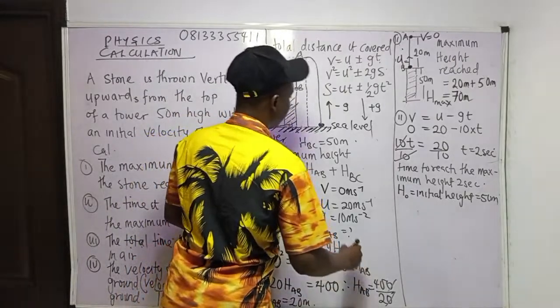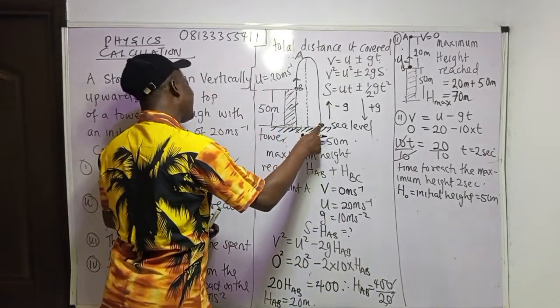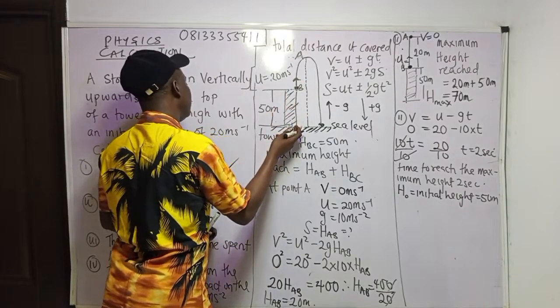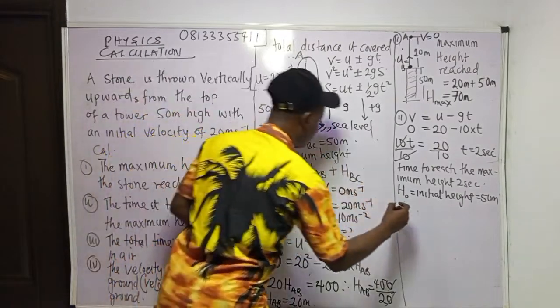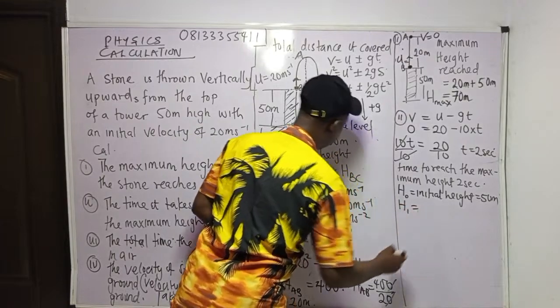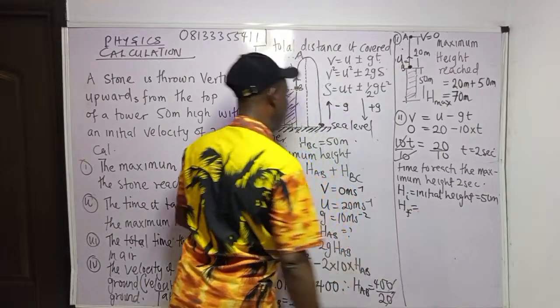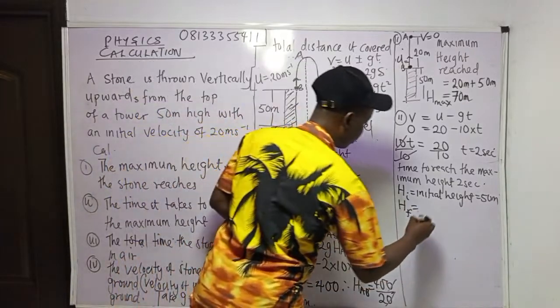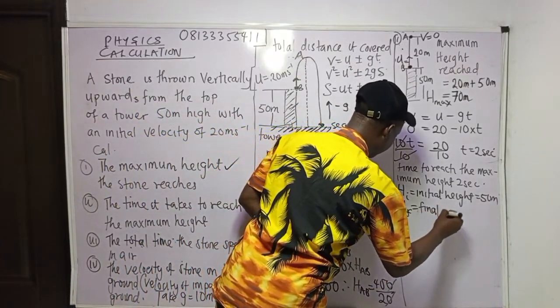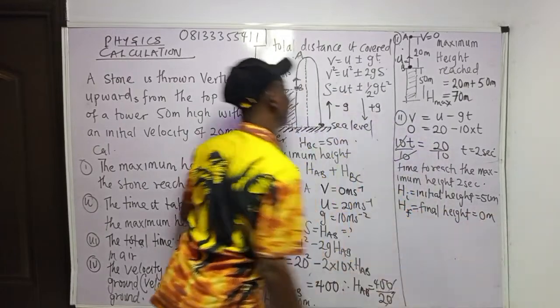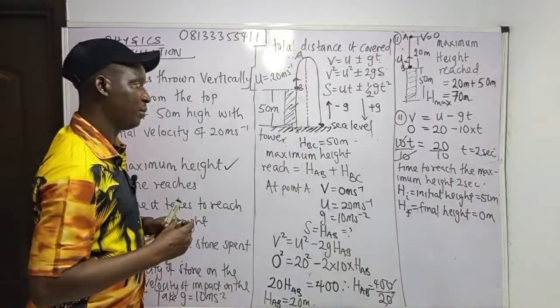So the initial position of the body from the ground is 50. The final position of the body, H final, as you can call it H initial, the final height is equal to 0 meter, because it landed on the ground. So that is 0 meter.